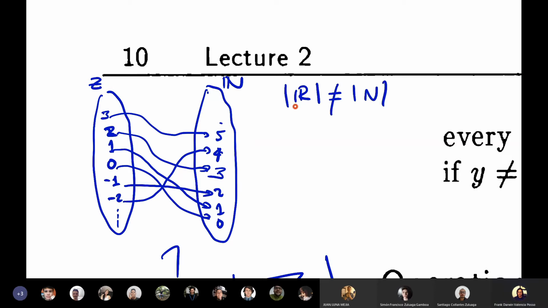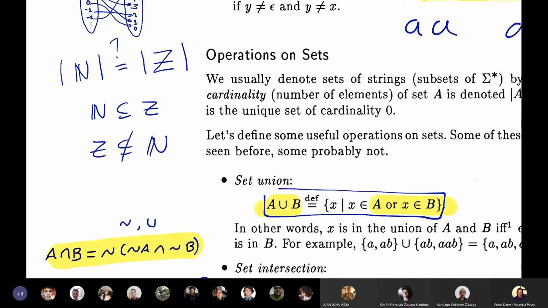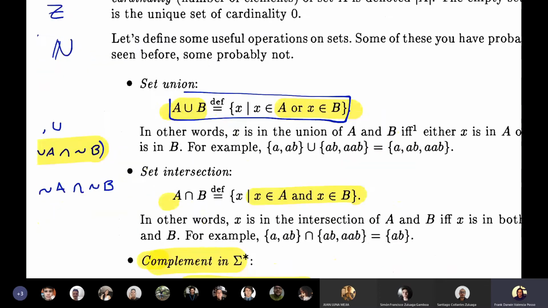In fact, the continuum hypothesis tells me that the real numbers are the first uncountable set, or the smallest uncountable set, meaning that it's a set that cannot be put into a map like this with the natural numbers. Okay, that's just talking about cardinality. It's something that you should know.